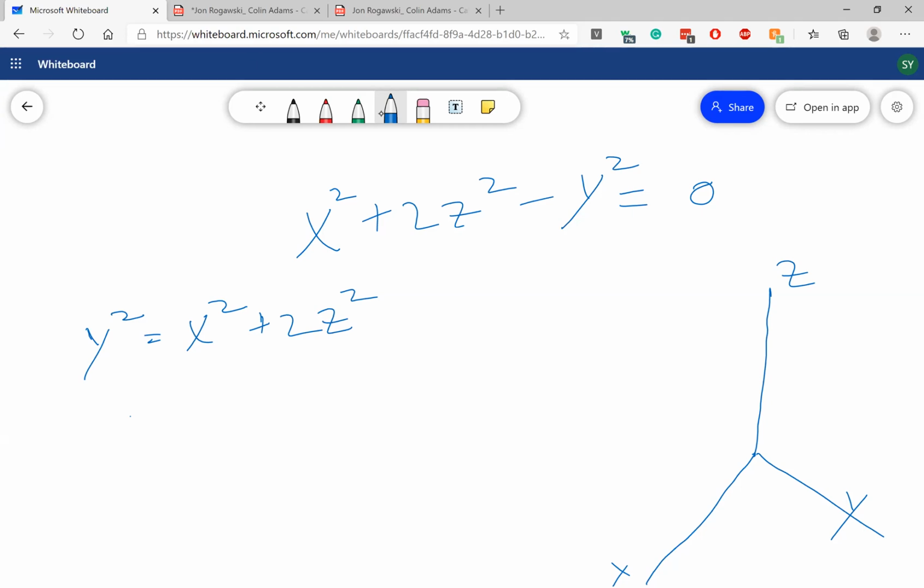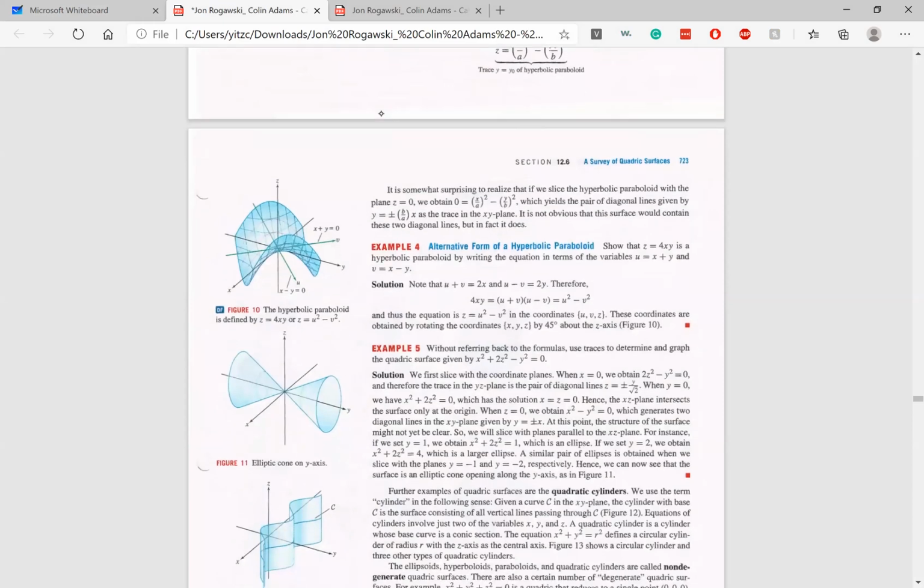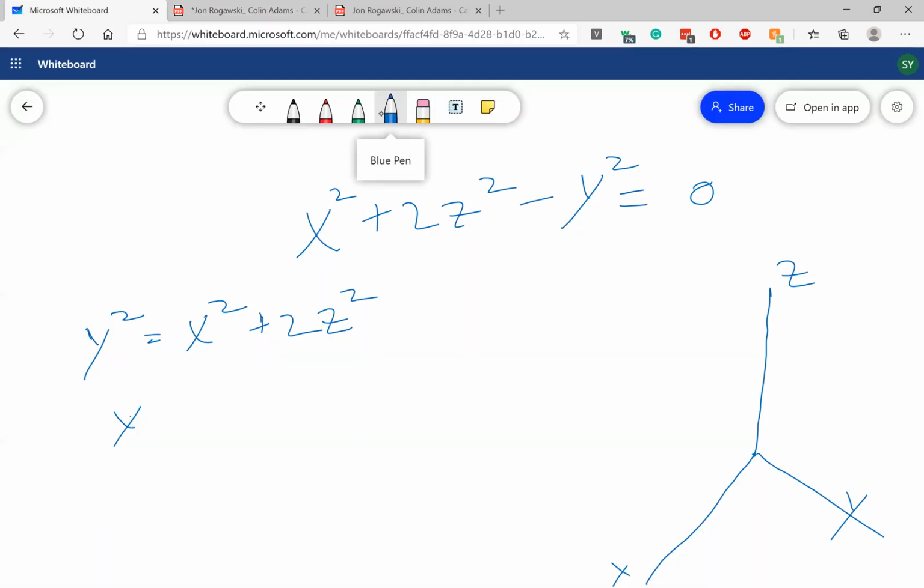So when z is equal to 0, we're going to get y is equal to x, and we're going to have lines, so a line like this. Okay, we're out of time, so I'll continue this next time.